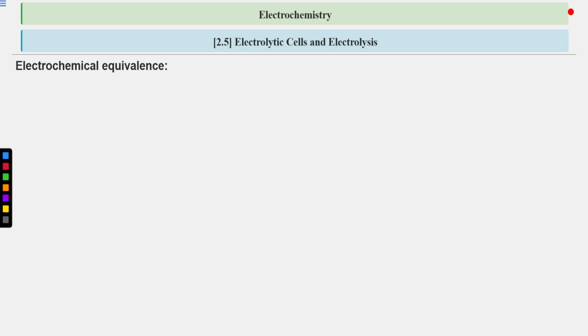Now let's talk about electrochemical equivalence. If 1 ampere of current is passed for 1 second, that is time equals 1 second, I equals 1 ampere, then M equals Z, right?